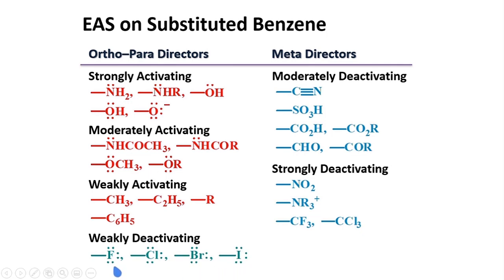Halides are deactivating because halides are electronegative. They pull electrons towards themselves, and so they reduce the reactivity of the ring. But they also have lone pairs that can stabilize the carbocation intermediates during addition of a substituent at the ortho and para positions.